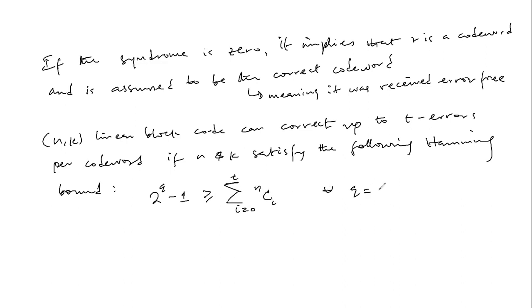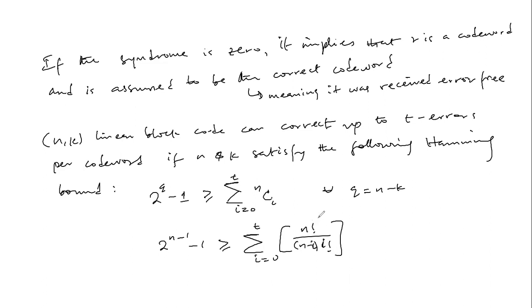For Q being the same as N minus K, that is 2 to the power of N minus K minus 1 should be greater or equal to sigma for I equal to 0 to T of N factorial over I factorial times N minus I factorial.